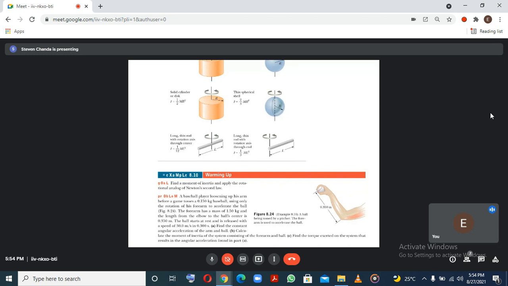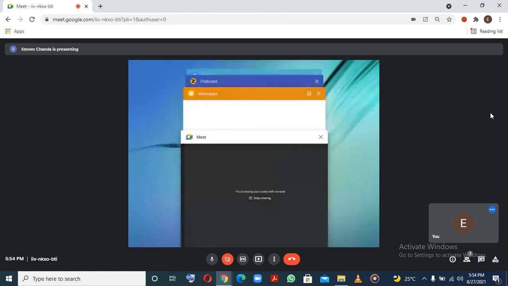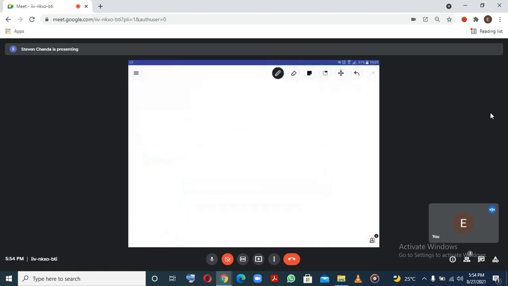Because they're saying calculate the moment of inertia of the system consisting of the forearm and the ball. So let's find the moment of inertia for the ball and the moment of inertia for the forearm. We add the two, that will be the moment of inertia for the system. So I hope everyone has gotten that.